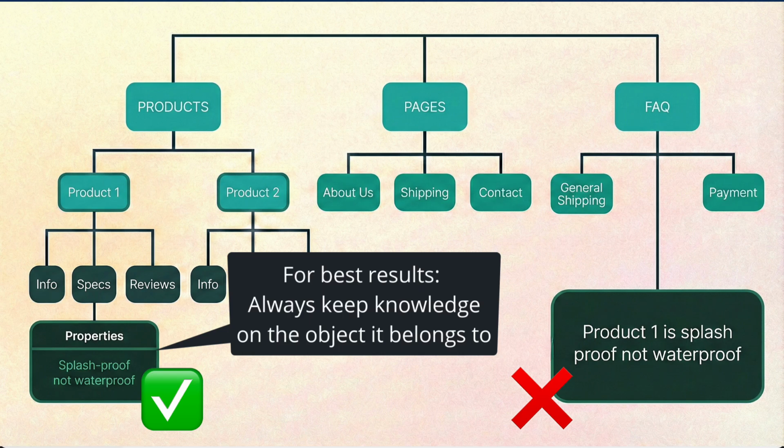Because only then the AI exactly knows, okay, when I'm talking to the customer and the customer is asking a question about this property, then the AI knows for sure, okay, it belongs to this specific object. If you're putting this in like the FAQ, the information is too far away from the product to be actually considered as relevant. So it can happen that it's just ignored. So put it always on the object level.